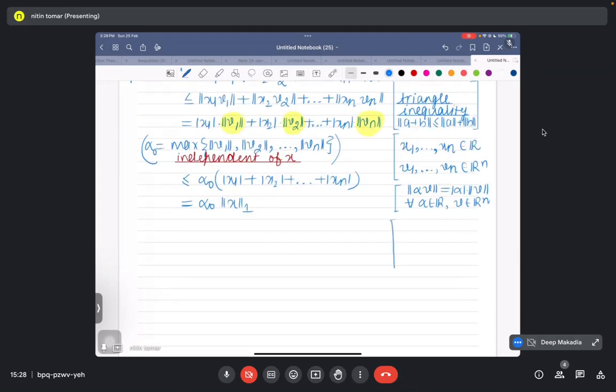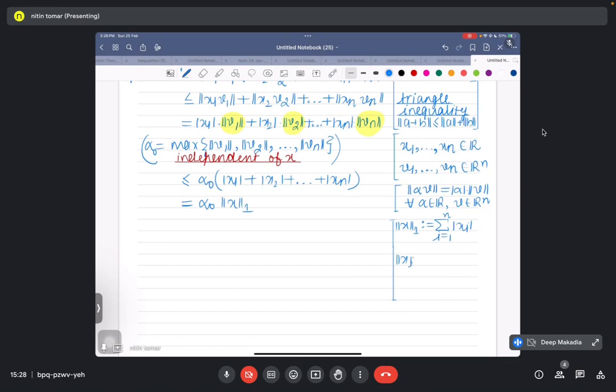So, norm x1 is a function where you just add the entries of x, and this gives you a norm. In the last class we saw, we will only study three norms here, so let us restrict ourselves to this.